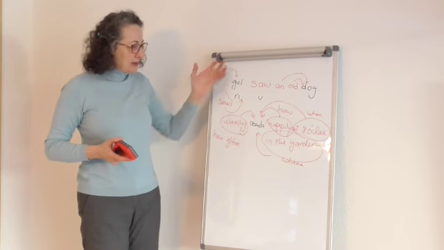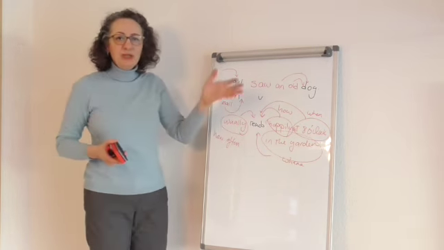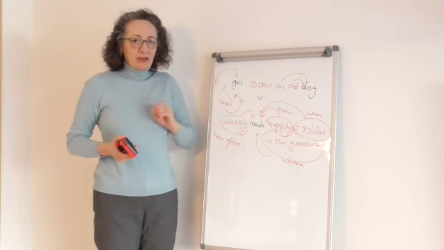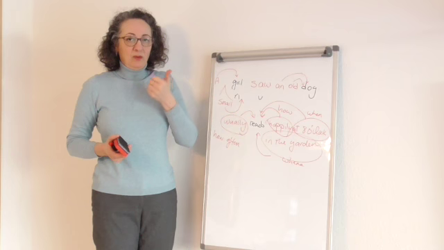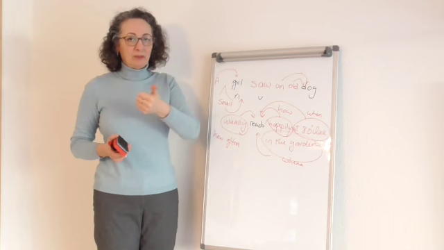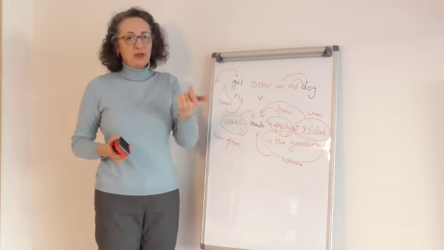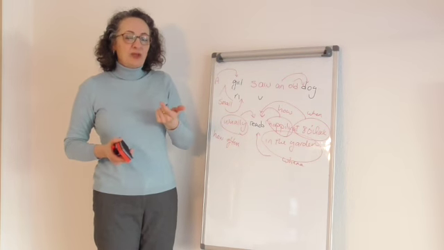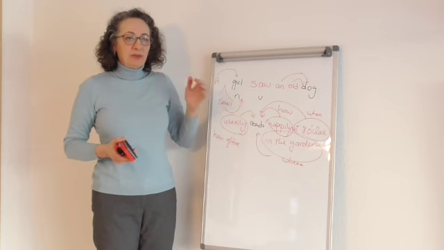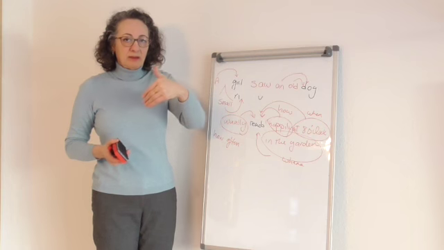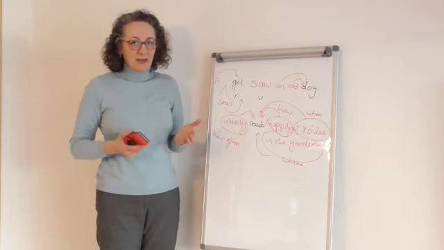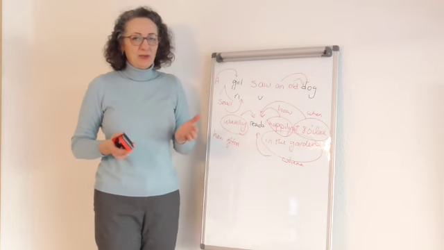Okay, so as you can see, it's pretty simple. What you need to do is understand, one, what the word is: adjective, adverb, verb, preposition. Second, what is its function, what does it do? And place it in the correct place in a sentence. Now, what I'm saying right now refers to any language in the world.